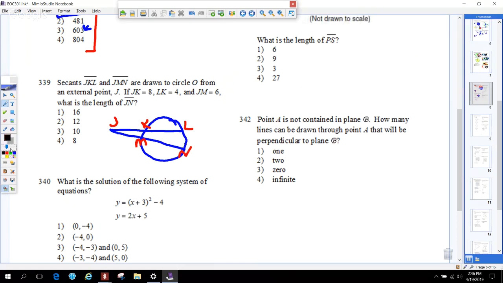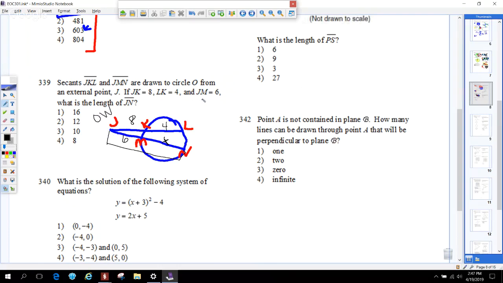And then we're going to label. Let's move this down. It says JK is 8, LK is 4, JM is 6. It wants to know the length of the entire piece, but I'm just going to put this little guy down here as X.